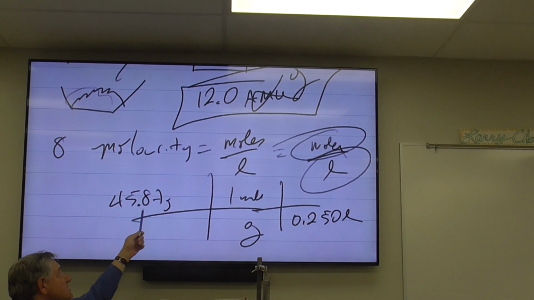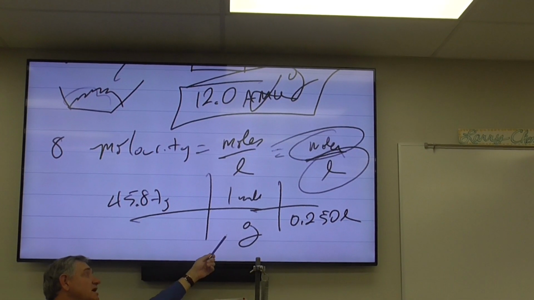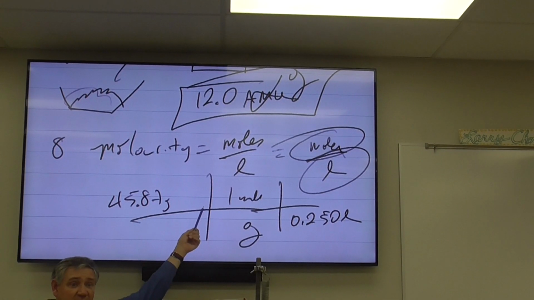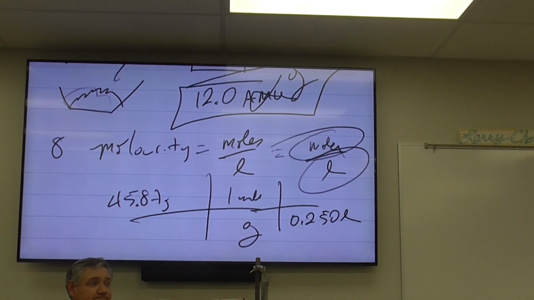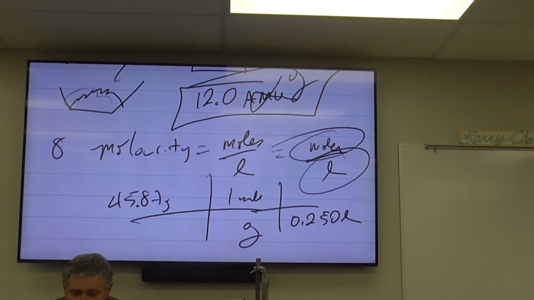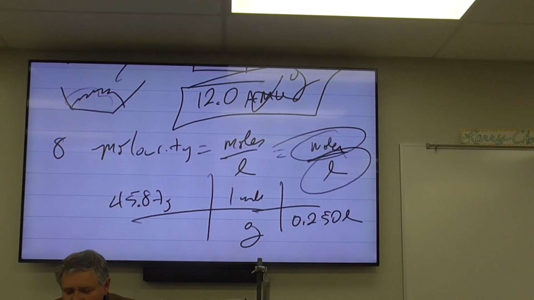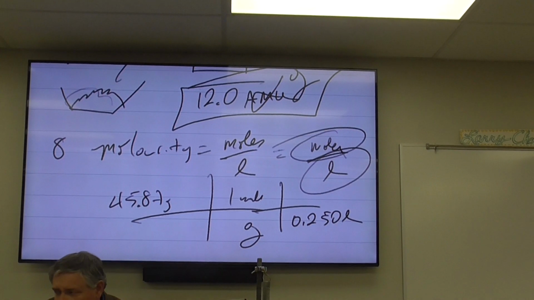I know my mass, I put the molar mass down here, that gets me my moles on top, and I divide that by the volume in liters. Winner, winner, chicken dinner. No matter how you do it, your answer to 8A should be very close to 1.